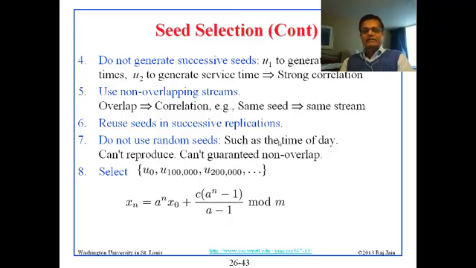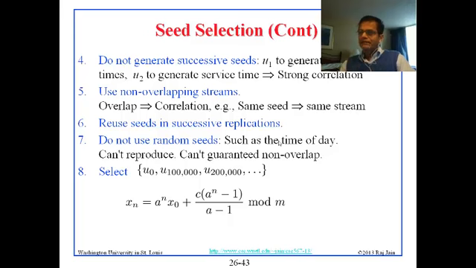Do not generate successive seeds. This is another thing people do: they say, well, I can't think of 5 numbers, so let me just ask the random number generator. They use the first one to generate the second, then use that as a seed to generate the third, the fourth, and the fifth. Now think about this. Now that you know how random numbers are generated, if I take 5 seeds generated from each other, what will you get? 5 streams that completely overlap, except for the first numbers.